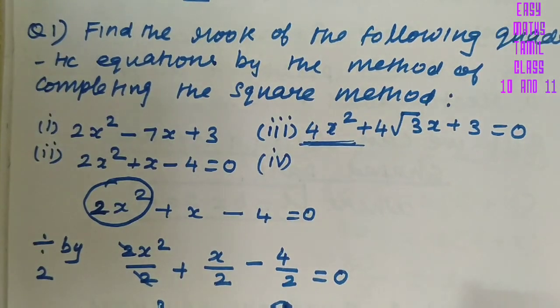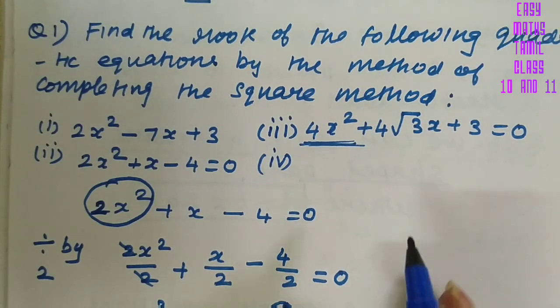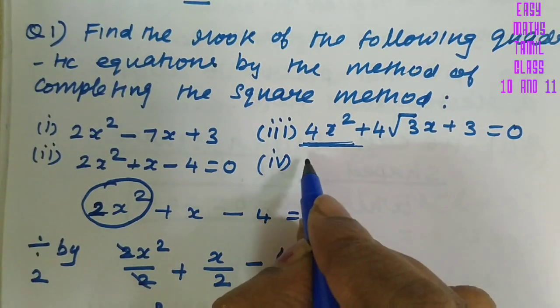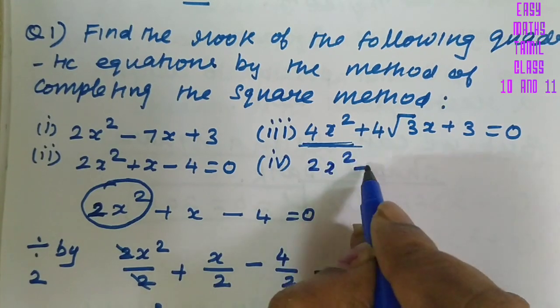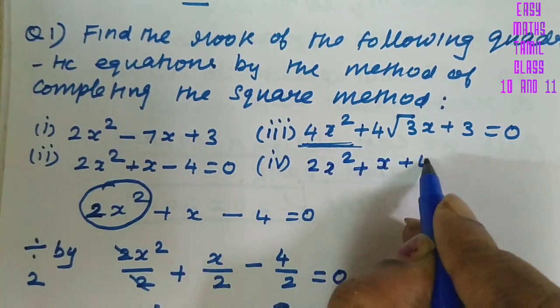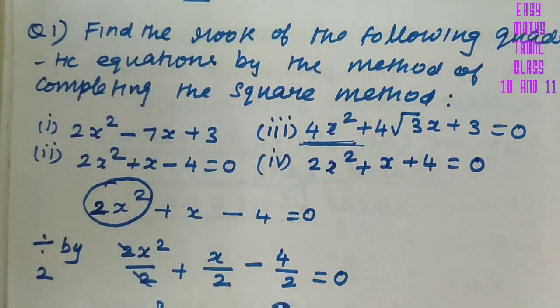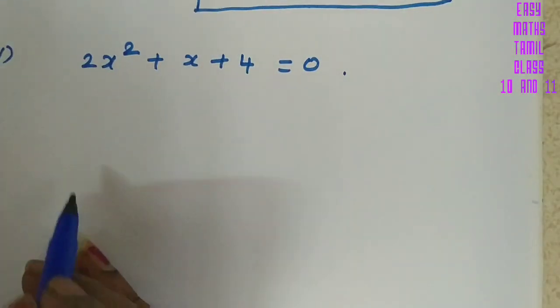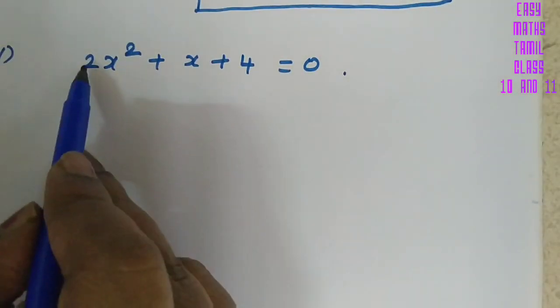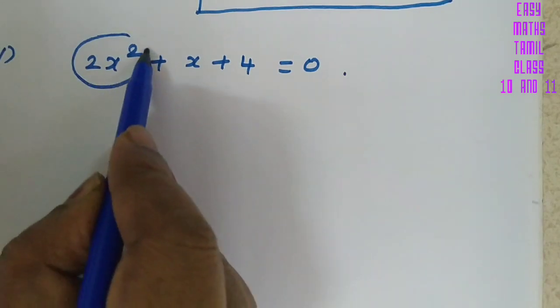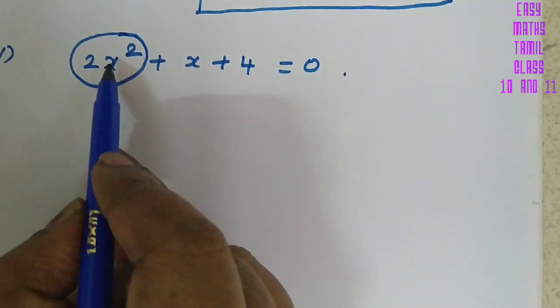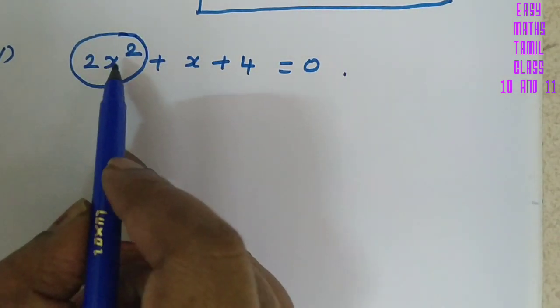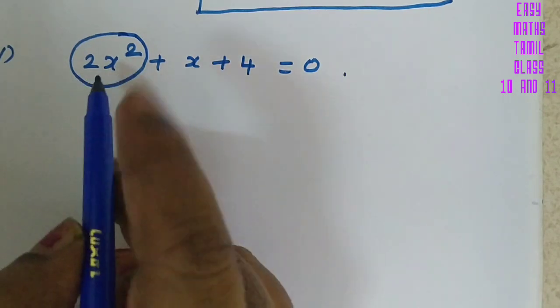Find the roots of the following quadratic equations by the method of completing the square. 2x square plus x plus 4 equal to 0. Now the coefficient of x square is 2. Now we have to make the coefficient of x square as 1.